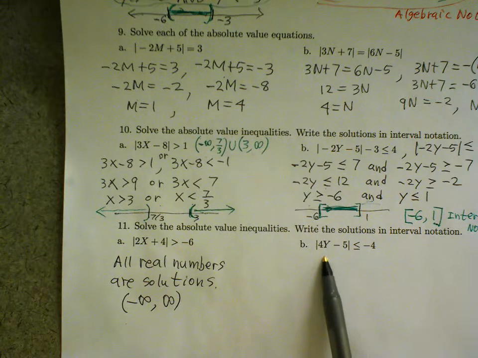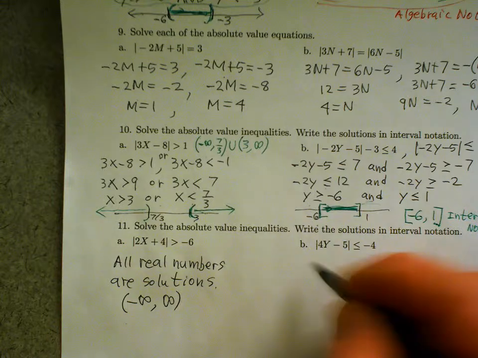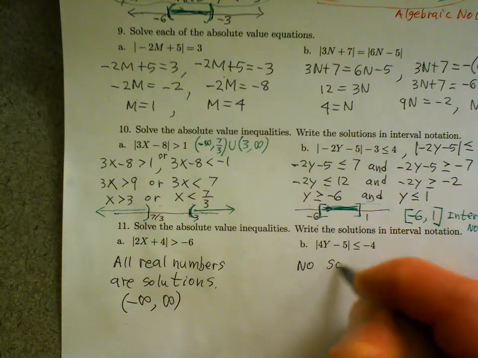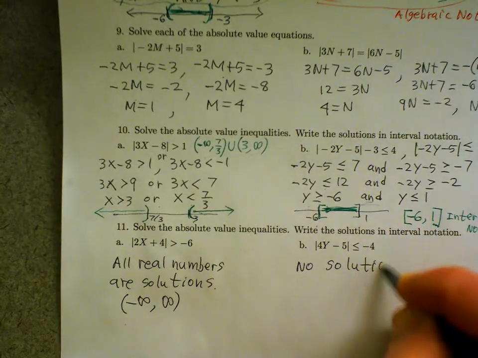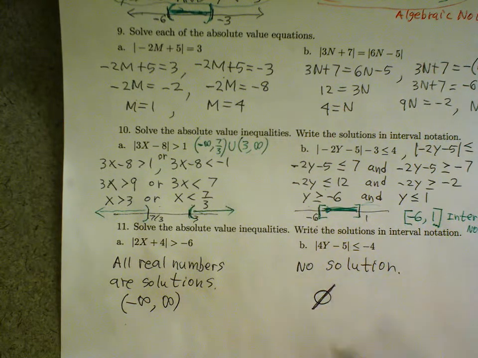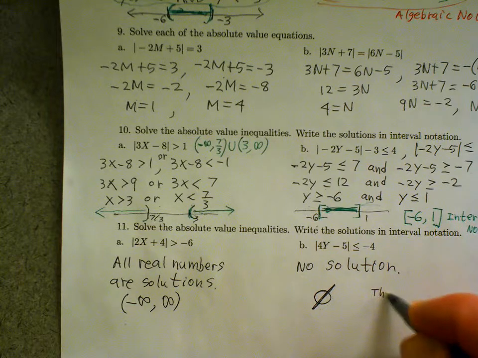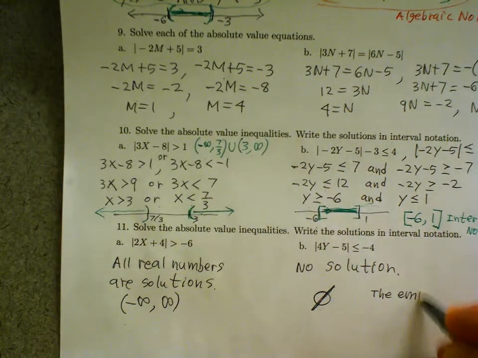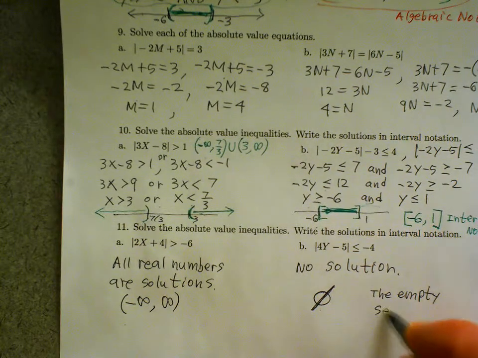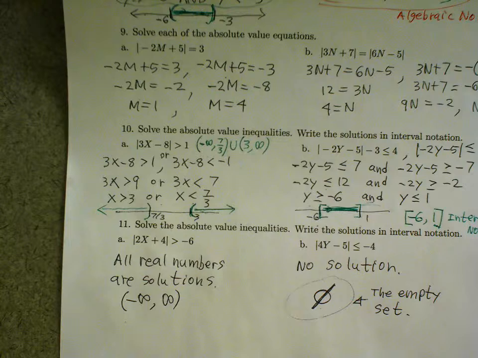And 0 is not less than or equal to a negative number. So this one has no solution. So we write the empty set. This is the symbol for the empty set. You don't have to write the words, the empty set. I'm just reminding you of what the notation is for the empty set.